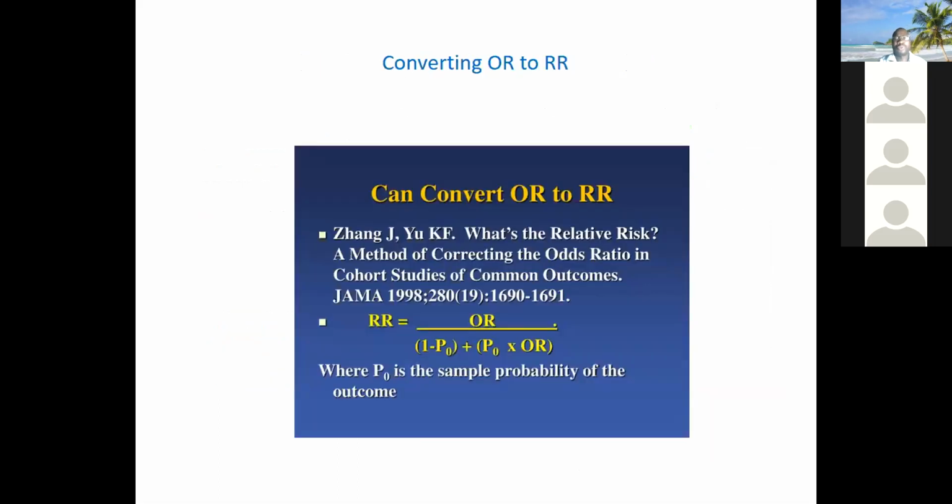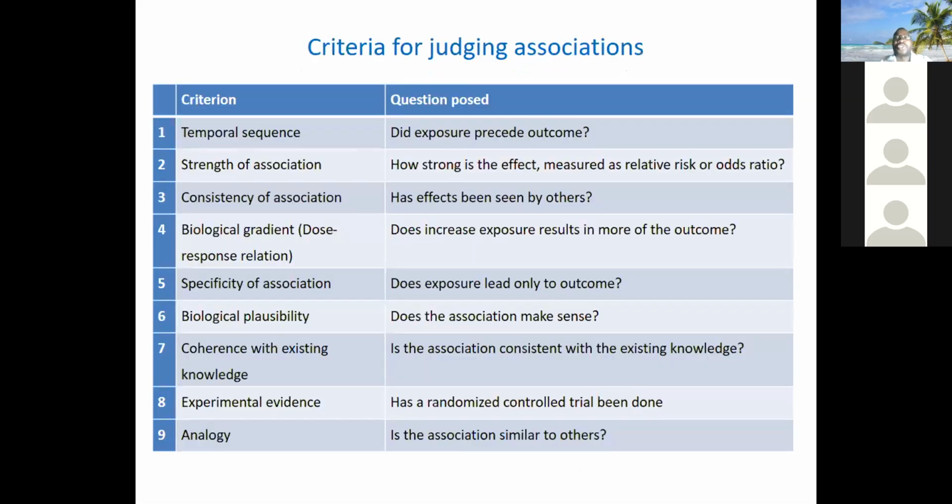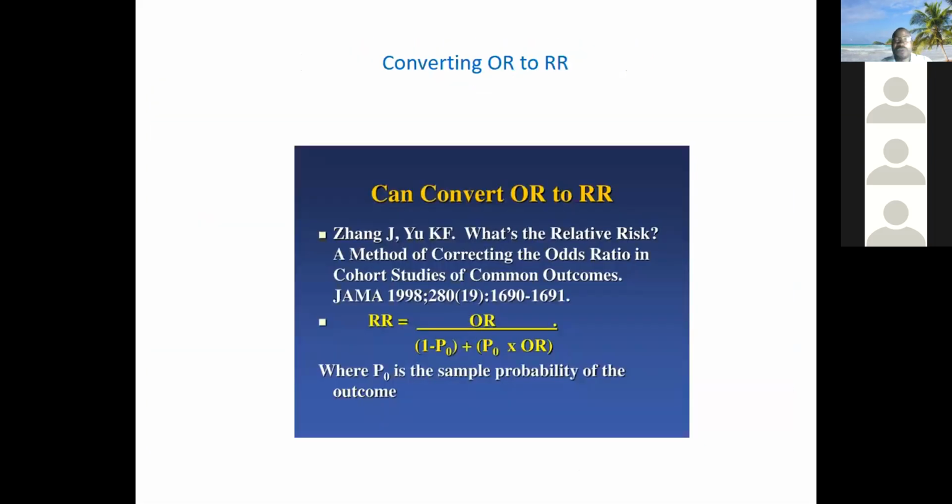So that we don't cause much confusion, this last one I will not talk about. This is the criteria for judging association. But this one is just a formula to convert odds ratio to relative risk, because relative risk is easier to interpret. You calculate it in most studies: cross-sectional study, case control study, even some experimental studies.